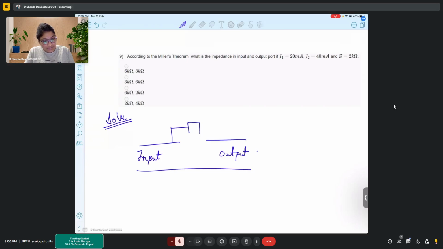Let's say I have this component which is shared between input and output. Handling this component is very difficult. You can understand, right?